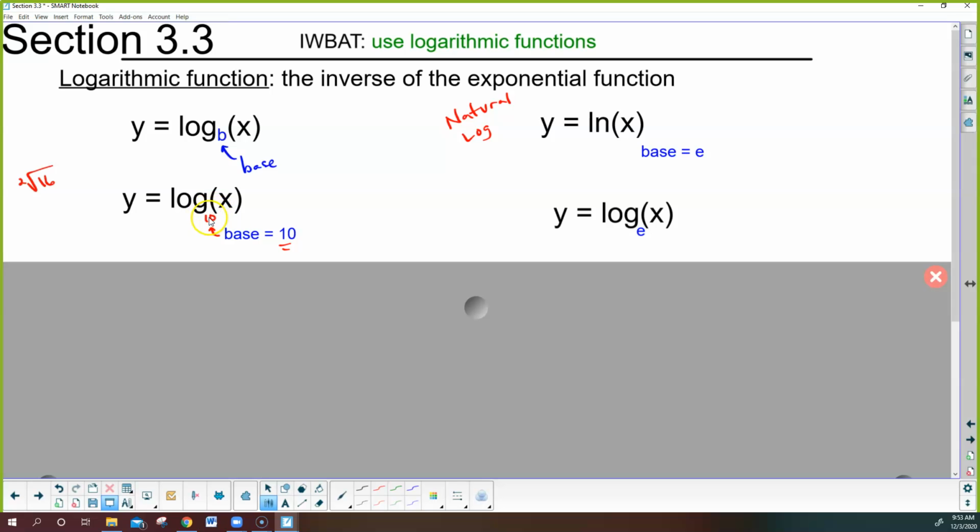If the 10 isn't written there and it just says the log, it's always assumed that it's a base 10. Okay? And then we can rewrite the natural log in the regular form by changing the base to e. So these are equivalent expressions, and you'll see why this is helpful. We rewrite the natural log as a regular log, and then we just change the base. Instead of a 10, we make it an e.